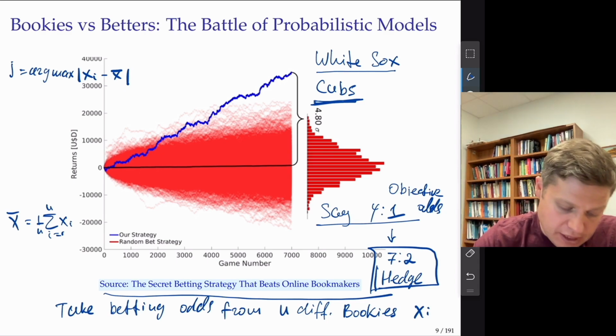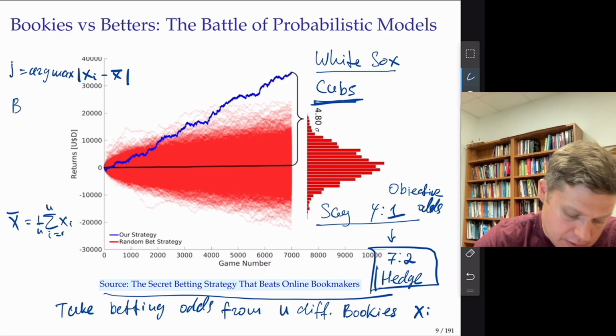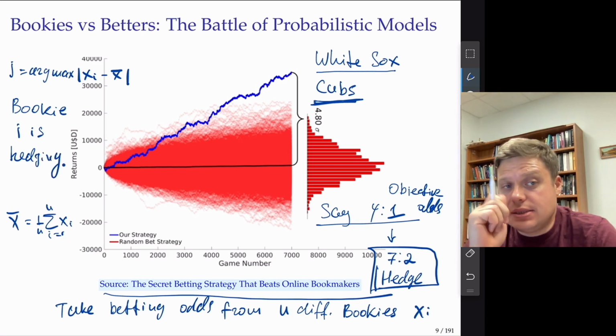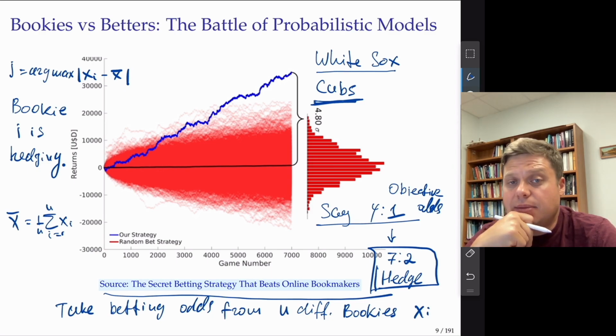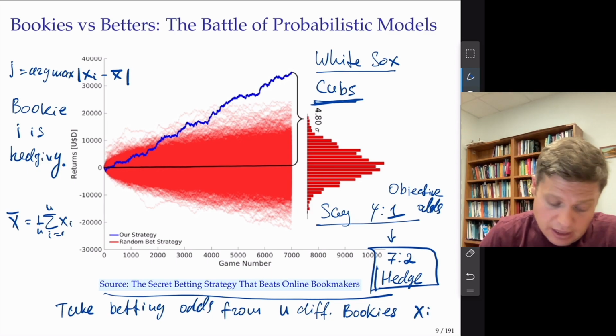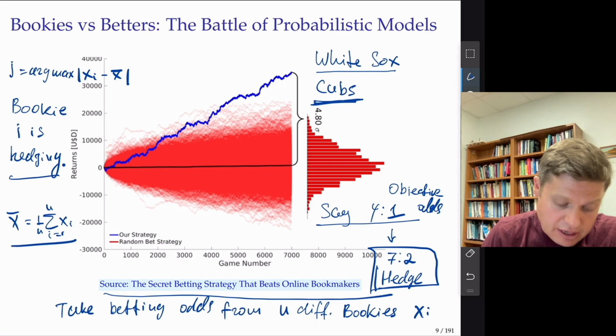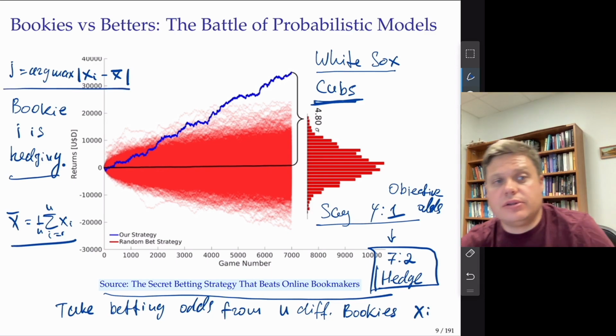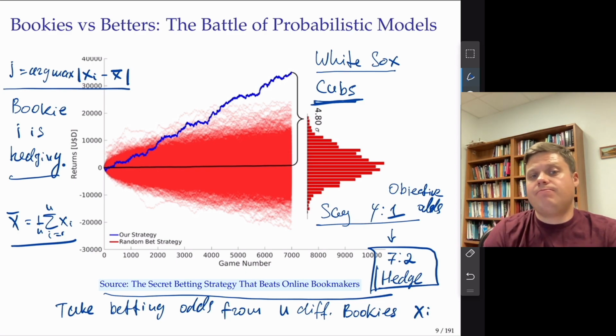And then they assume that this bookie j is hedging. Meaning that the odds that this bookie is using are not objective. And if you bet against those odds, then you are actually in favor. And that's all they did. So they just calculate the average, calculate the distance from the average to all the odds from other bookies, and they pick the one that deviates the most and bet with that bookie.